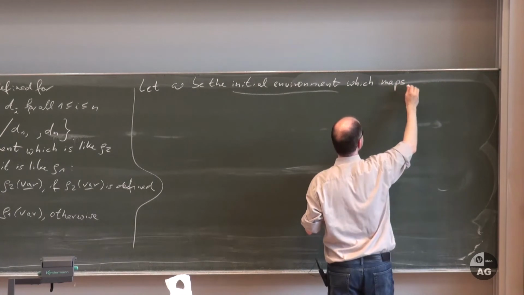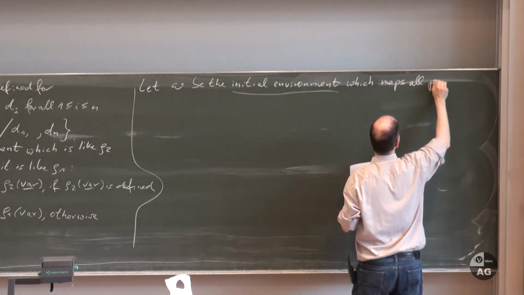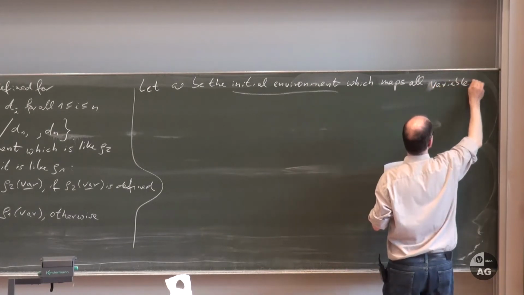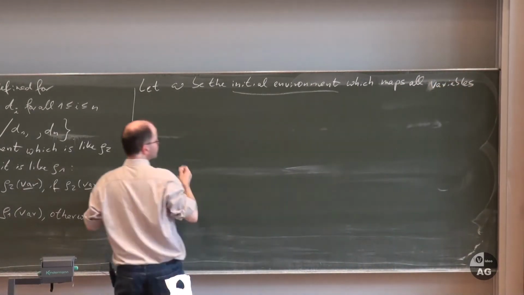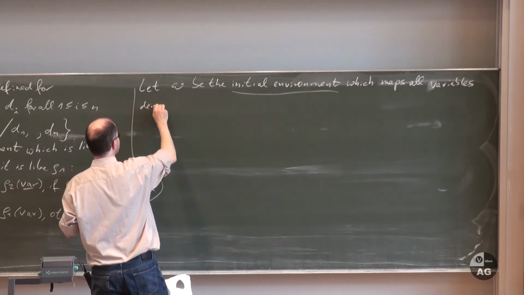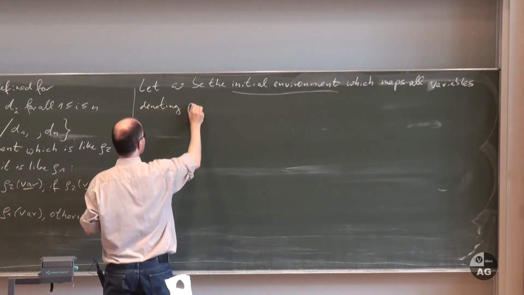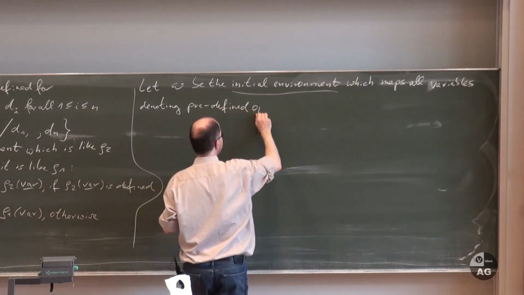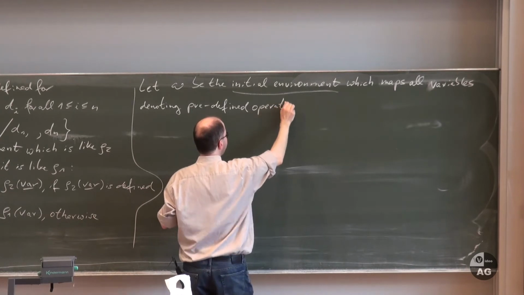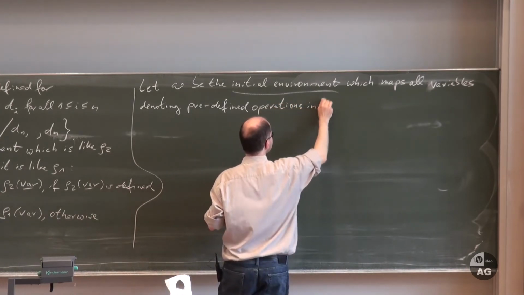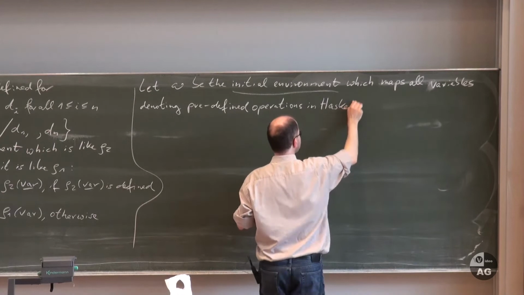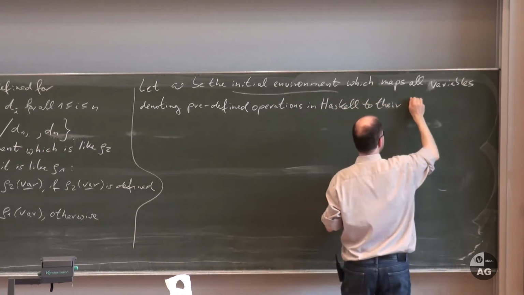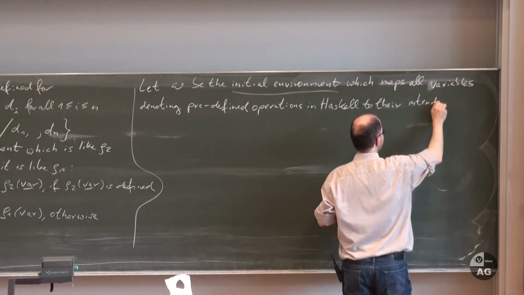So it maps all variables that denote predefined operations in Haskell to their intended meaning. So they are mapped to these predefined operations.